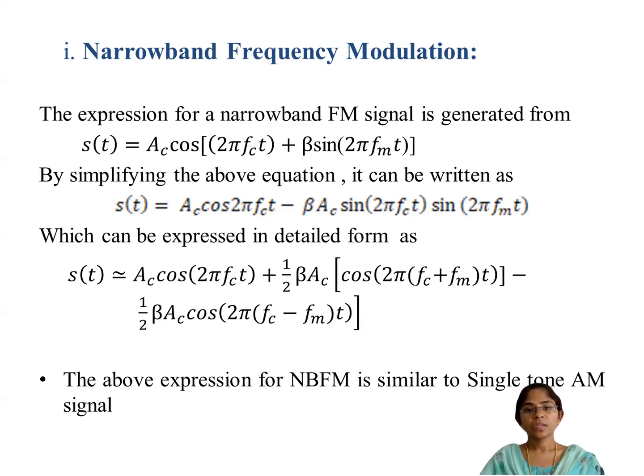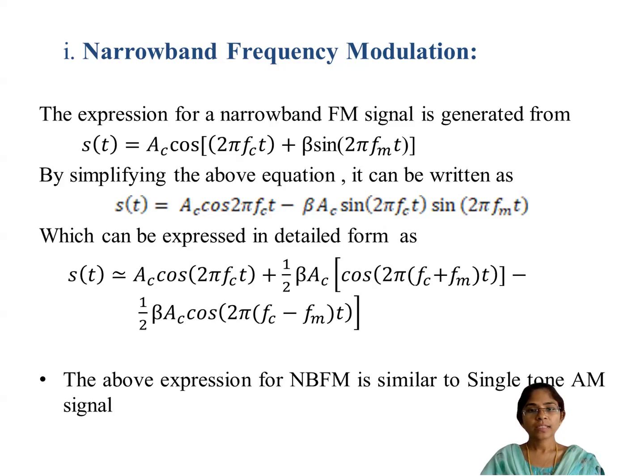Since beta value is less than 1, cos of beta sine 2 pi fmt can be written as 1. Sin A is sin 2 pi fct. Sin B is sine of beta sine 2 pi fmt. When theta value is small, sine theta can be written as theta, so we can write it as beta sine 2 pi fmt here. So this is the resulting expression.